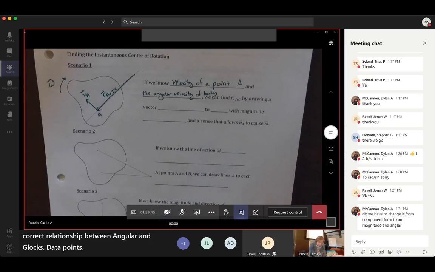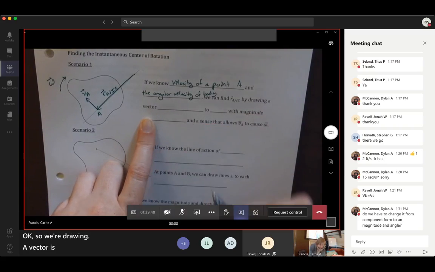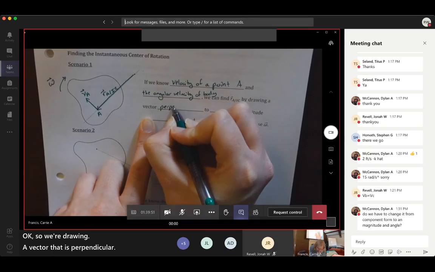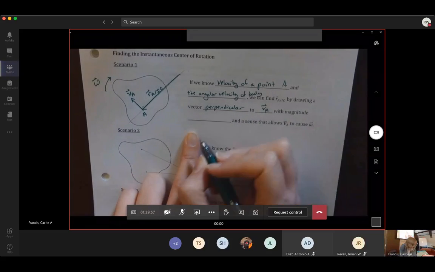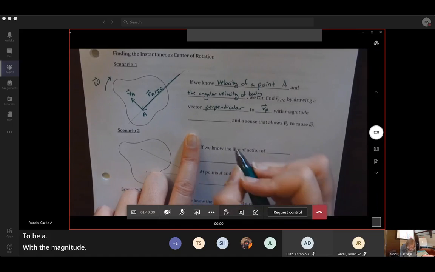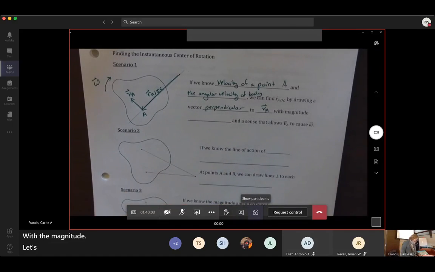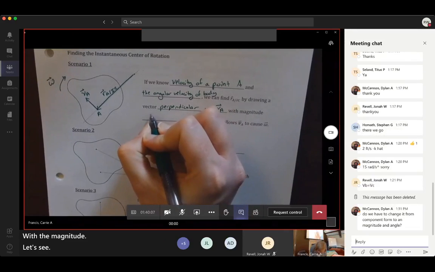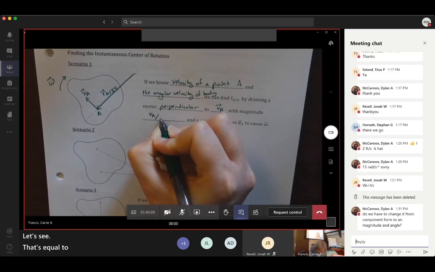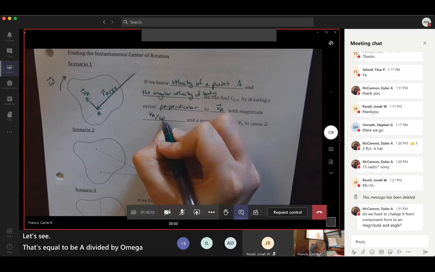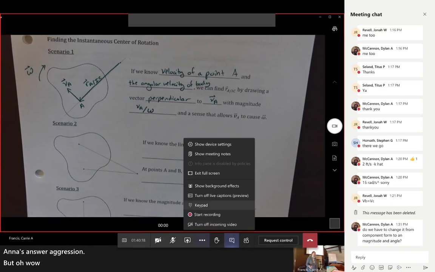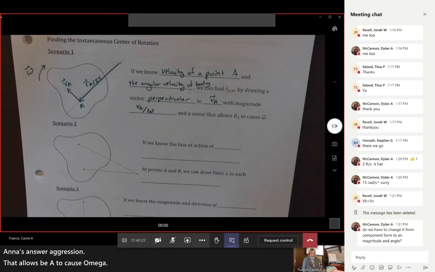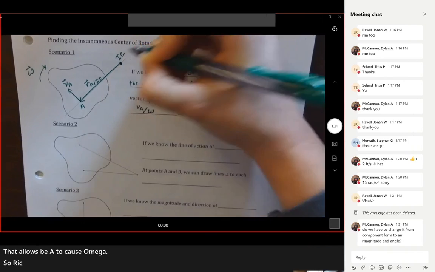Okay, so we're drawing a vector that is perpendicular to VA with a magnitude that's equal to VA divided by omega, and a sense or a direction that allows VA to cause omega. Okay. So our IC will be here.